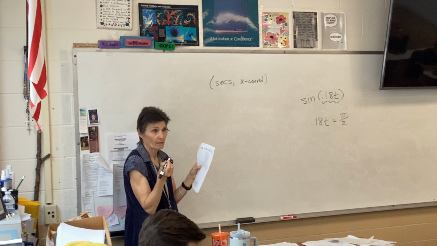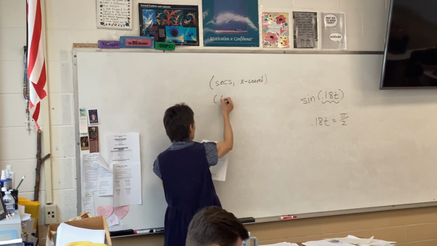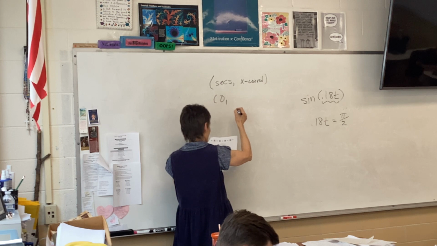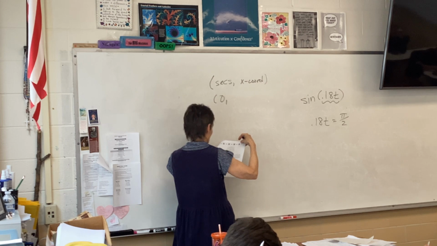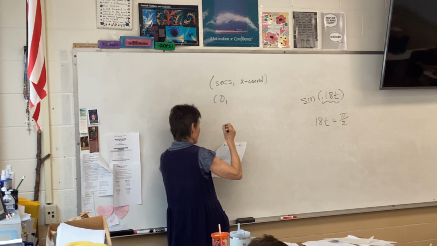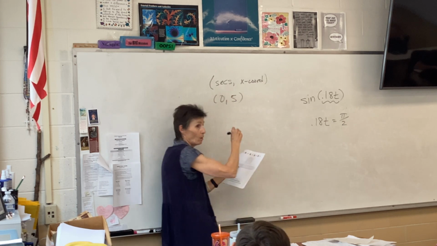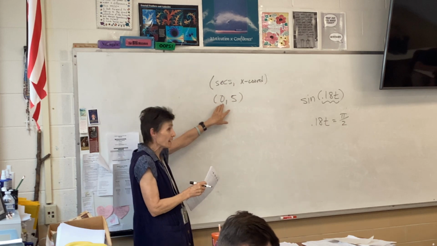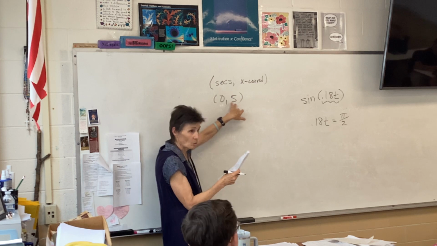That's what your points look like. So when it says at time t equals 0, the plane is at the point 5, 0, that means your point is actually going to be 0, 5, because the seconds are 0 and the x-coordinate is 5.